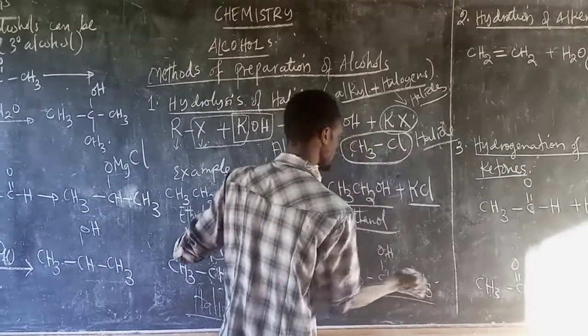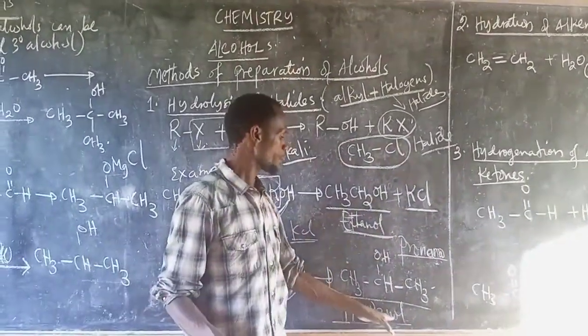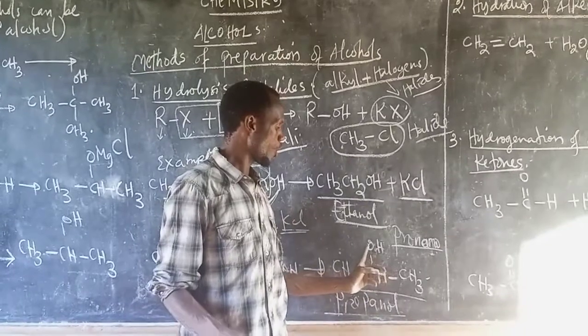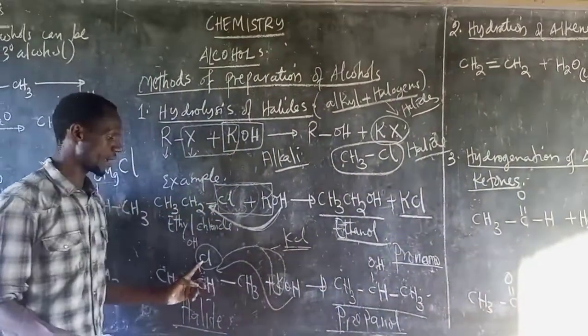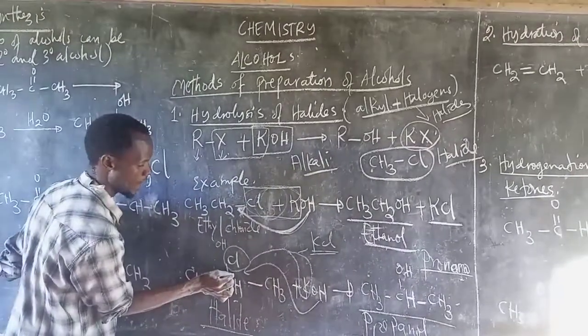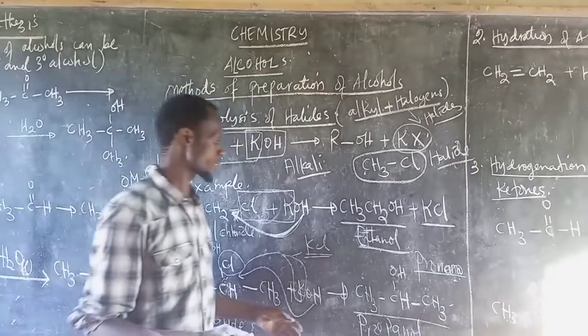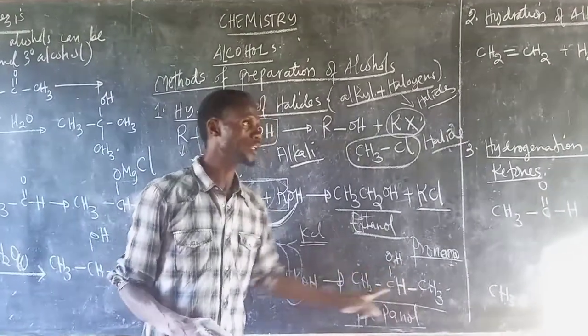This is a secondary alcohol, which we call propanol, because we have replaced the chlorine with OH. Huyu hapa OH group anakuja kureplace hapa. Huyu anaungana na huyu kutengeneza kile tunachokiita OH group ambayo ni alcohol.